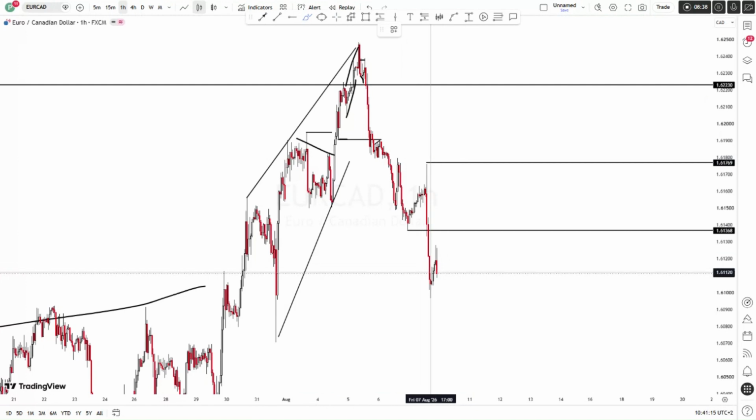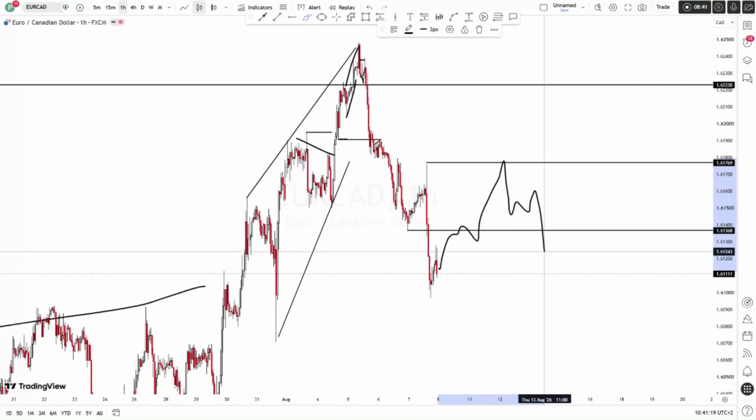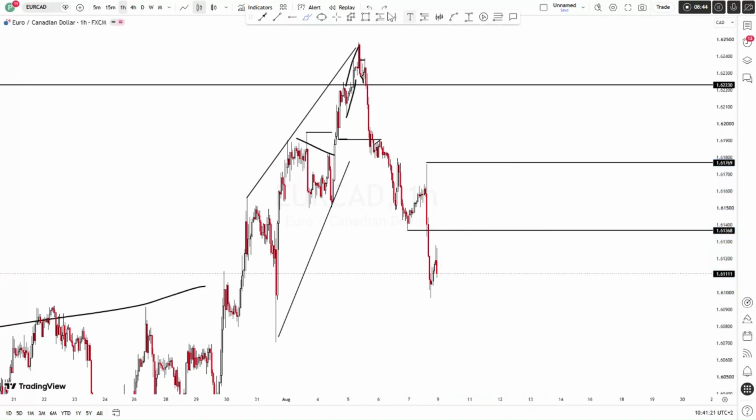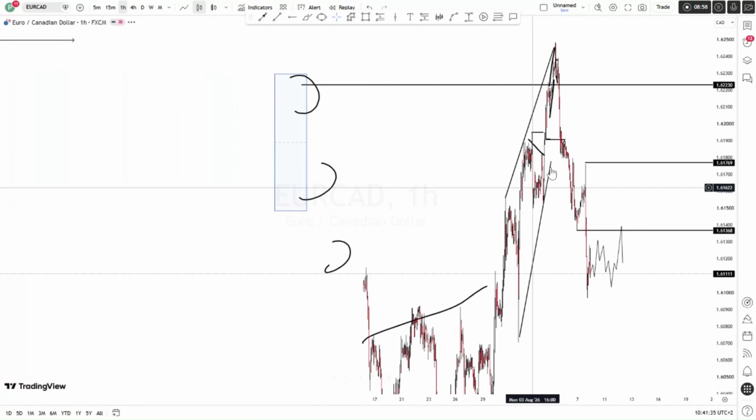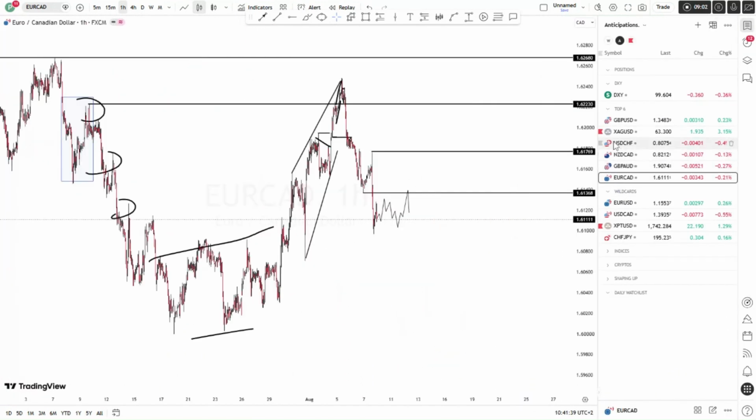Are we going to form more of a V type structure here? I'll be looking for the IE, or is it something that is going to develop into a continuation here? That's my whole idea. I'm looking for something much more structured, taking the back end, right? So that's my whole idea on this one, playing the range. Otherwise, that's my top six.